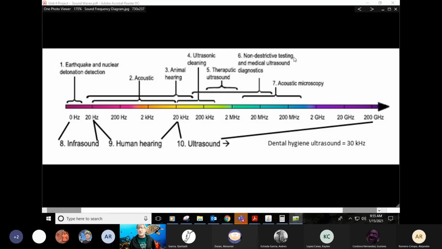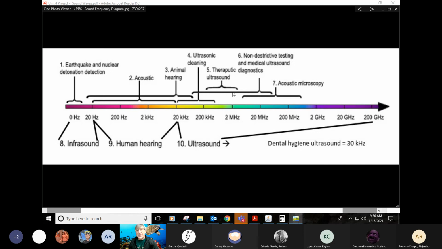We can also use ultrasound for medical testing in this entire range of vibrations. Maybe you've heard about a pregnant woman getting a sonogram. Sono means sound. What they're doing, and maybe you've seen this on video too, they expose her belly so her skin's showing, and then they put this device on her belly and they roll it around on her belly.